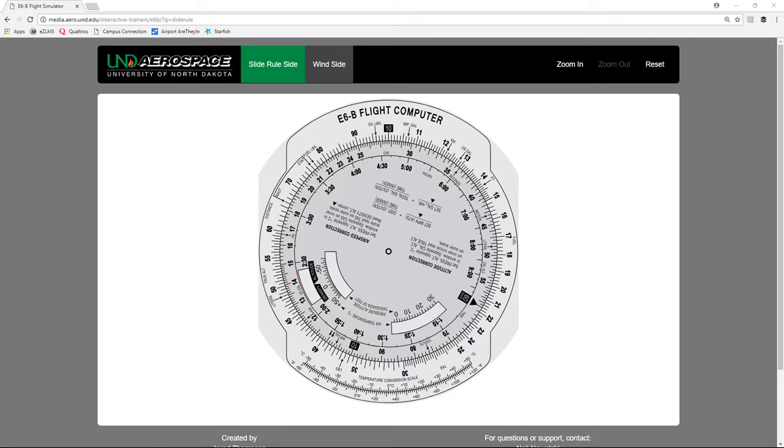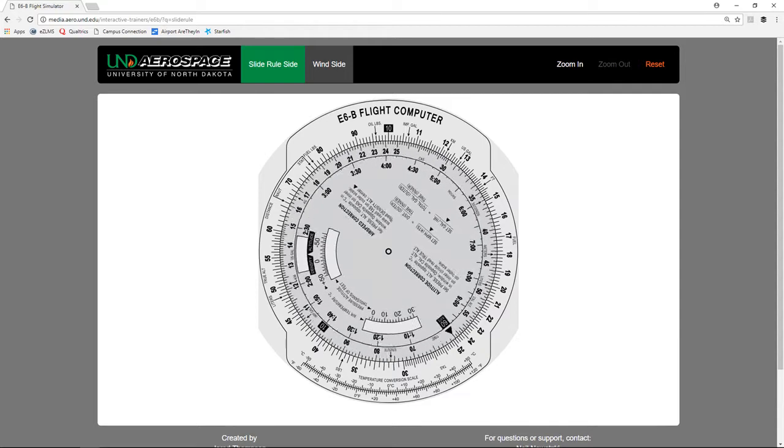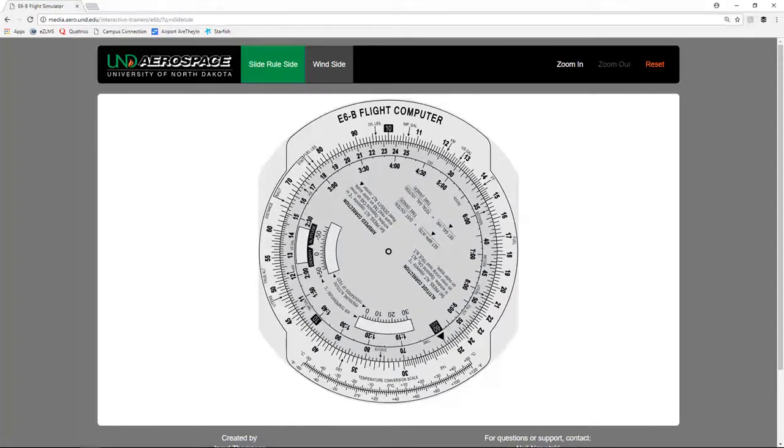In the next example, we have a known speed of 155 knots, and we know the time it took to travel between points A and B, which was 36 seconds. We are trying to determine the distance between those points. So we will align our 36 index, or seconds index, with our speed of 155. Right about there, we have our seconds, or 36 index, aligned with 155.